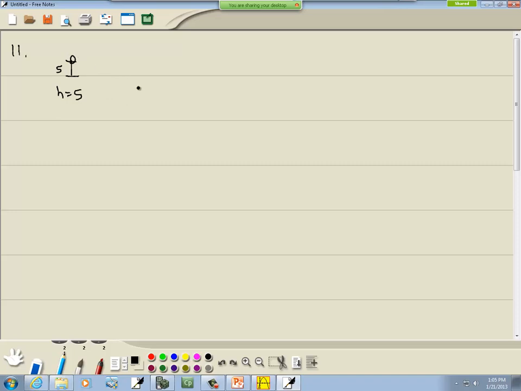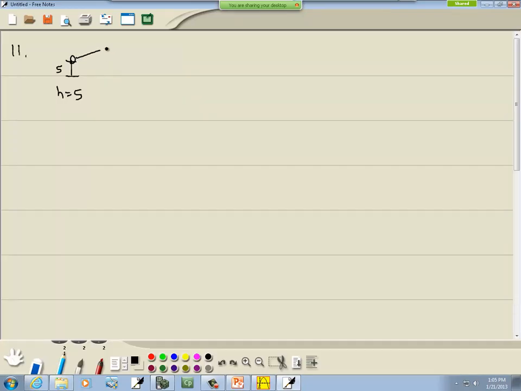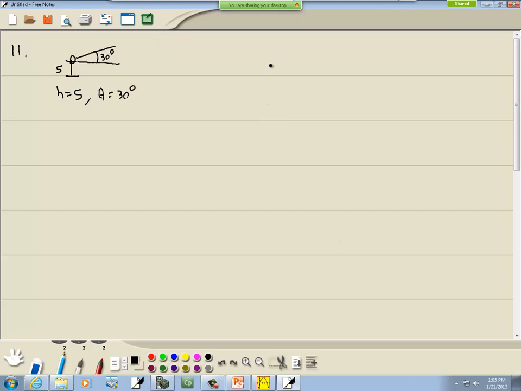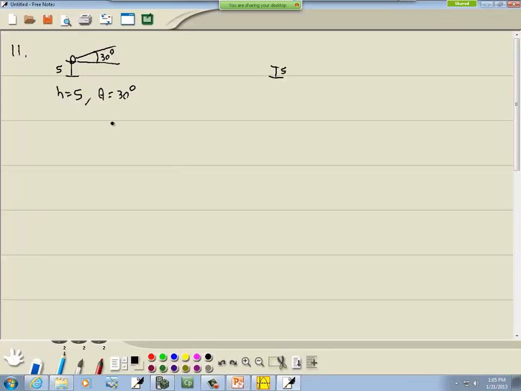Here's our ball. And at an angle of 30 degrees. So it's coming up 30 degrees. So they're telling us theta is equal to 30 degrees. And it's caught by an outfielder 5 feet above the ground, 200 feet from the plate, which means the distance going out to here is 200 feet.